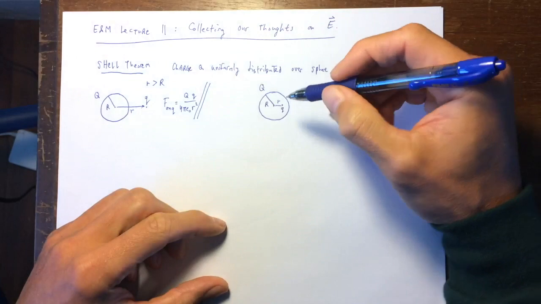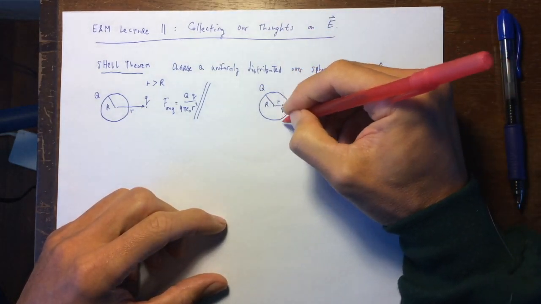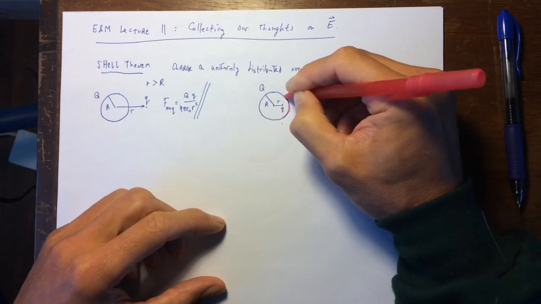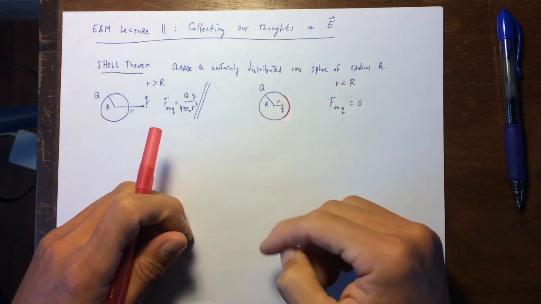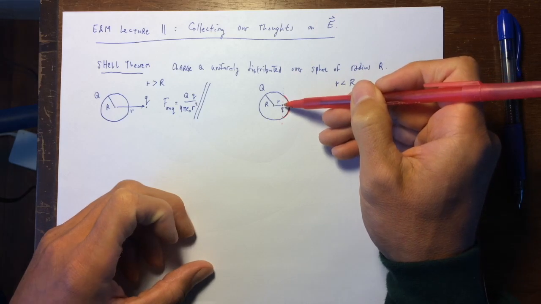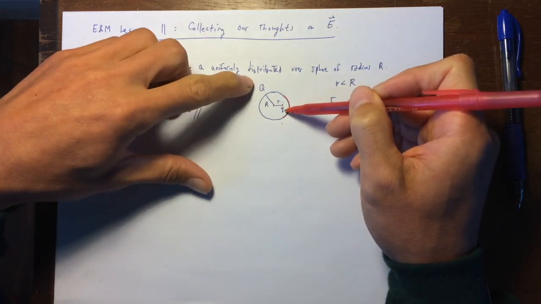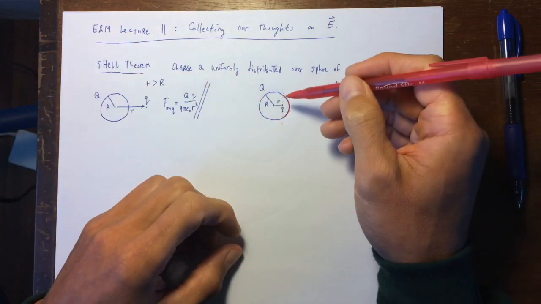It's like all of the charge on the right hand side of the shell, all of this charge, which is on a little dome, let's say capital Q and lowercase q are both positive types of charge, so they're repulsive.